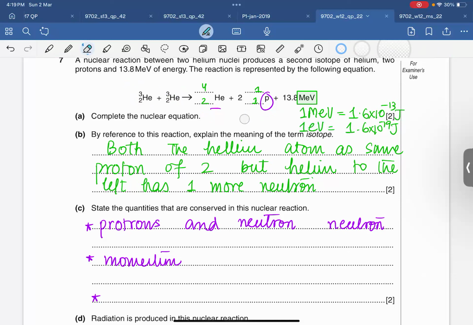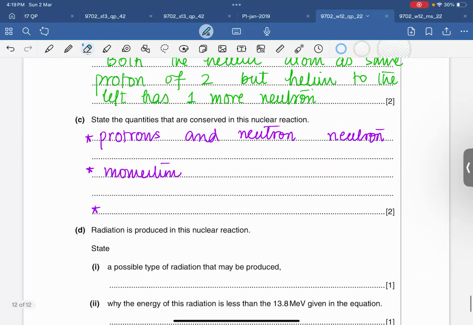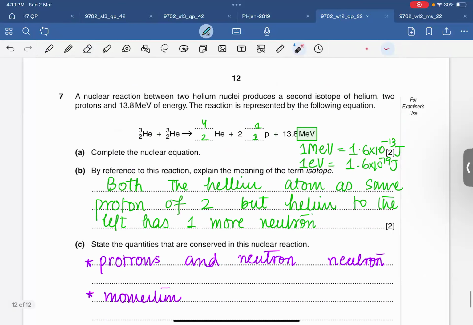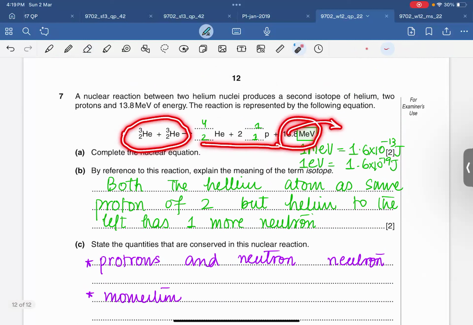So momentum should be conserved. And the third thing is mass and energy. Initially we have two helium atoms with their masses, but finally some energy is given off, in the form of maybe electromagnetic radiation, gamma radiation.